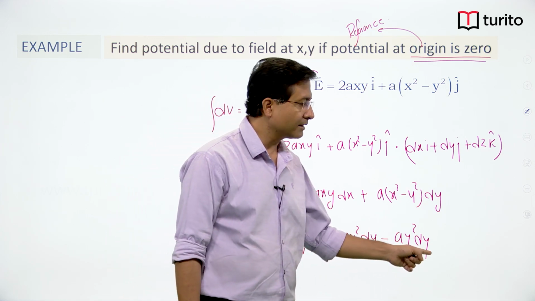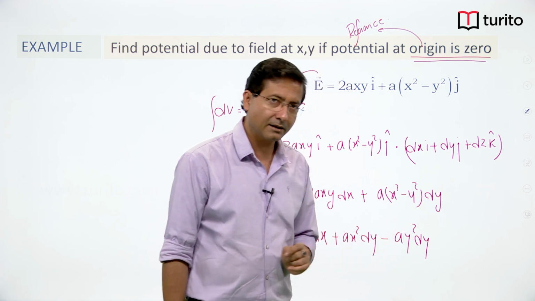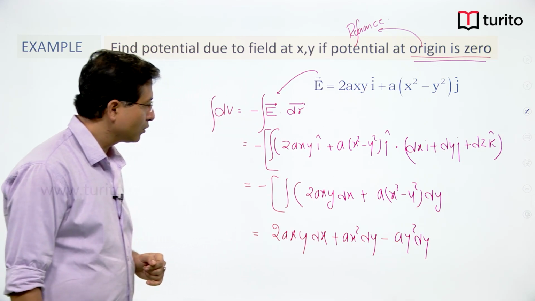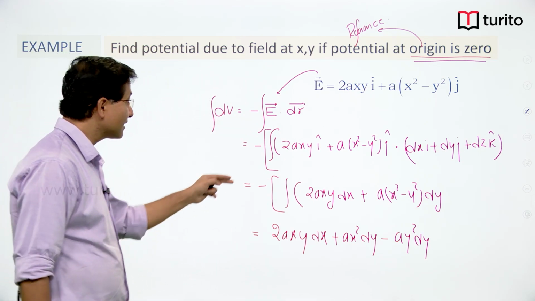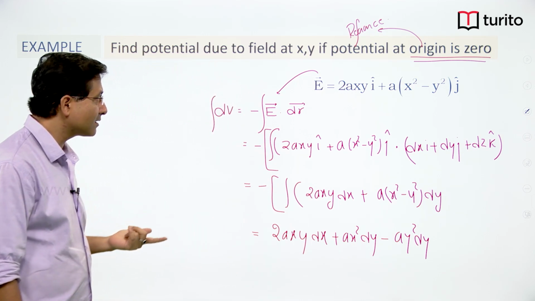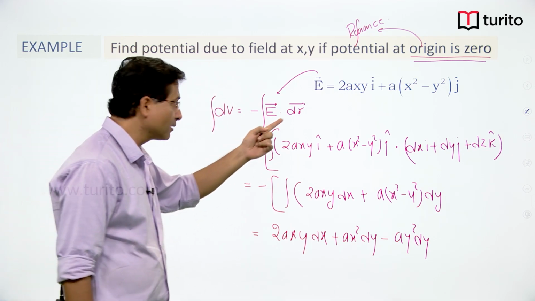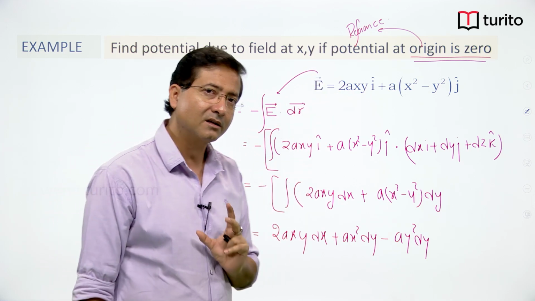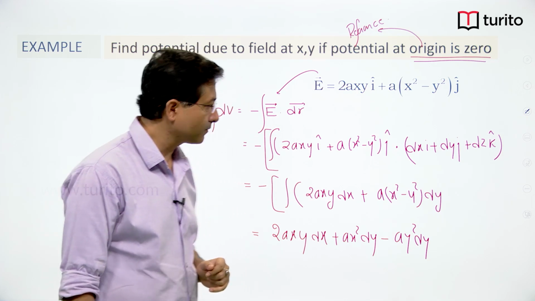There is no problem in integrating this one because this is y square and it needs to be integrated with respect to y. But nothing is said about the path and all, right. As this is a conservative field, obviously if I am asking potential, then field has to be conservative, right. So I can convert this into direct function form.